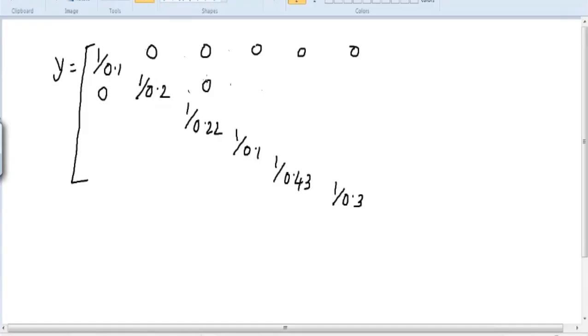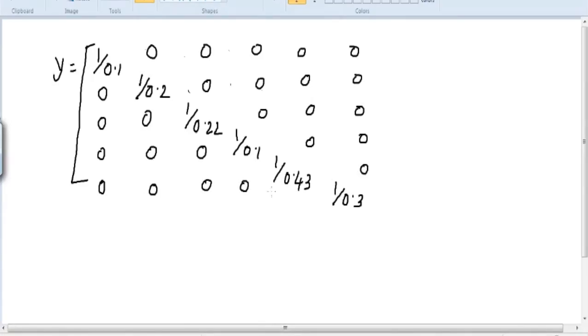Then 0, 0, 0, 0, then 0, 0, third element. Then fourth, fifth, sixth. Then 0, 0, 0, fourth element. Then fifth element and sixth element. Then 0, 0, 0, 0, fifth element. Then sixth element. Then 0, 0, 0, 0, 0, sixth element. So in this way we have completed our Y matrix.